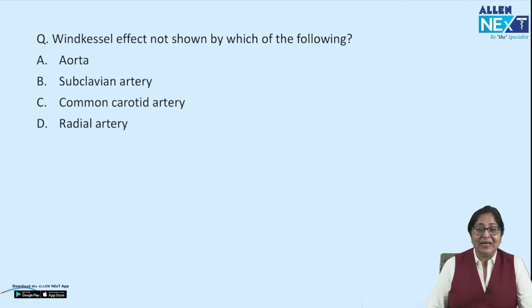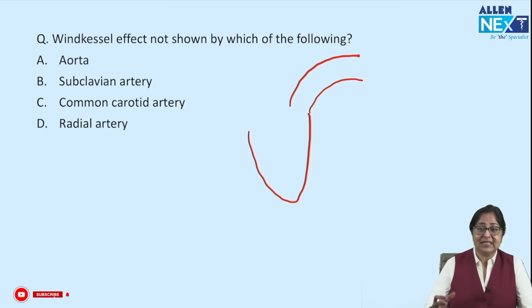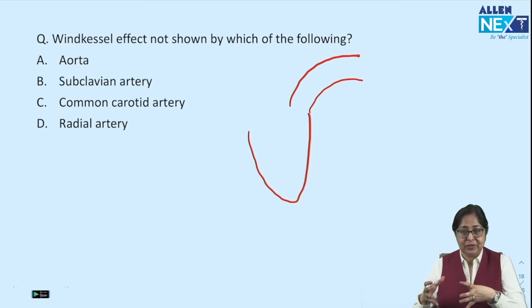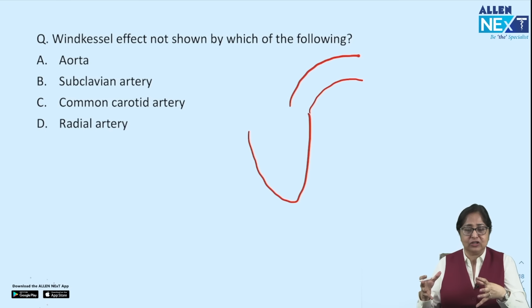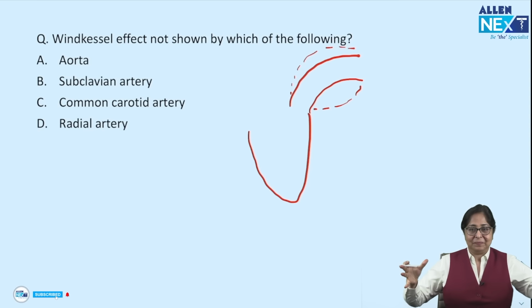Let's see, Wind-Kessel effect. Now, what is Wind-Kessel effect? When the heart pumps blood into the aorta and the large arteries, aorta and the large arteries are very rich in elastic tissue. They have a high content of elastic tissue. So what happens is that the aorta and the large arteries tend to expand.